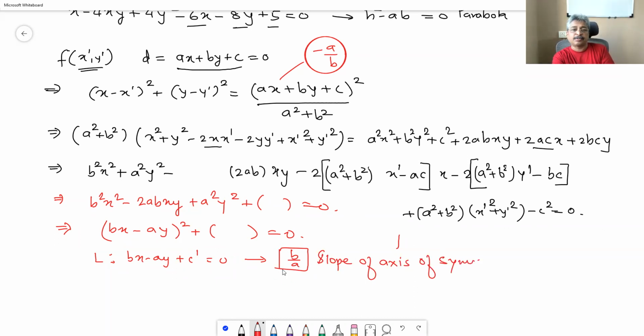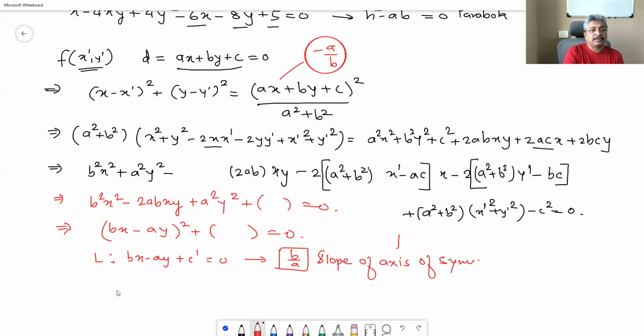This is the slope of the axis of symmetry, and perpendicular to that, which is minus a by b, is your directrix. Understood? I said it wrong in the first place. So minus a by b you will get directly for the directrix, and hence this is the axis of symmetry.